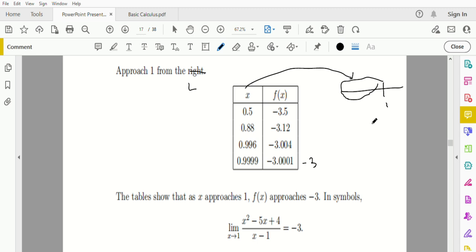So the table shows that as x approaches 1, f of x approaches negative 3. In symbols, we have this. Again, our c may or may not be in the domain, because we only study the behavior of x as x approaches a given value.